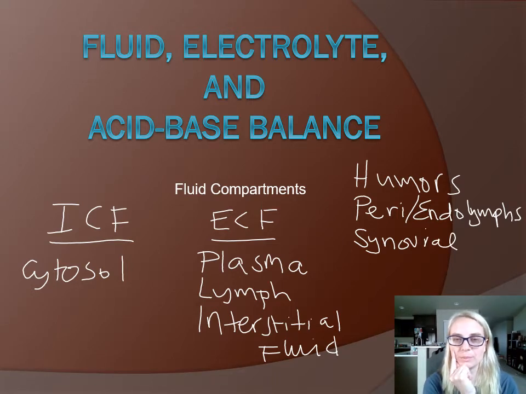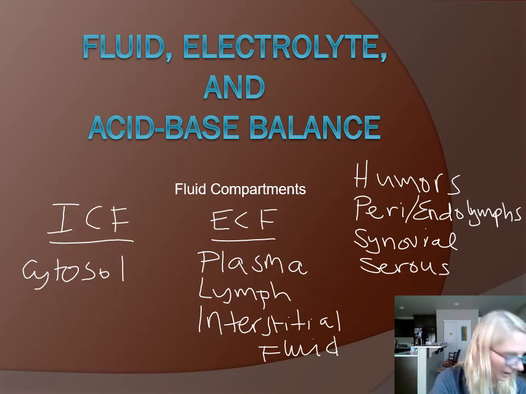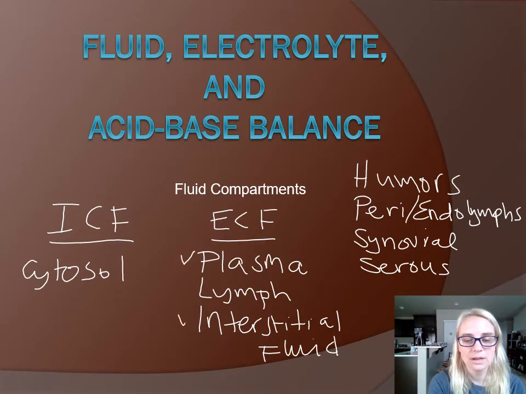I think that might be it. There might be another one I'm missing. And serous fluids, like your pericardial fluid, your peritoneal fluid, your pleural fluid. I think these are what we call our minor compartments. So what we're really going to be focusing on in the ECF is our blood plasma and our interstitial fluid, and ICF is cytosol. That's the only place it can be.